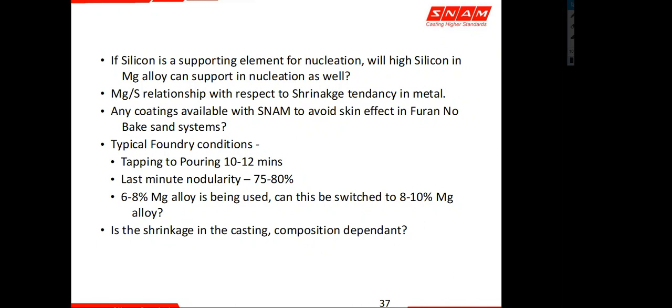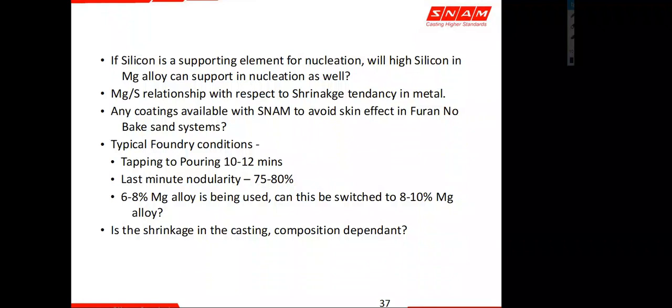Next, the magnesium to sulfur relationship with respect to shrinkage tendency in the metal. The general practice is a magnesium to sulfur ratio in the range of say 3:1 or 4:1, which should be sufficient. But what experts say is that when excess magnesium is present, it can lead to microporosities or shrinkages in hot spots.